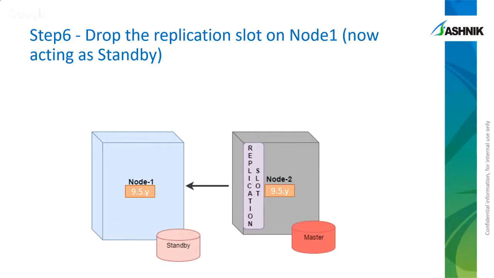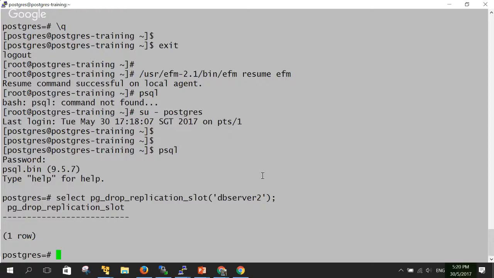And this is it. If you don't do this, what would happen is, since there is no downstream server for node 1 to send the replication stream to, it will keep on piling up all the WAL files that it is receiving from node 2, in the hope that sometime in the future, someone using the replication slot on DB server 2 would connect and try to fetch these WAL files.